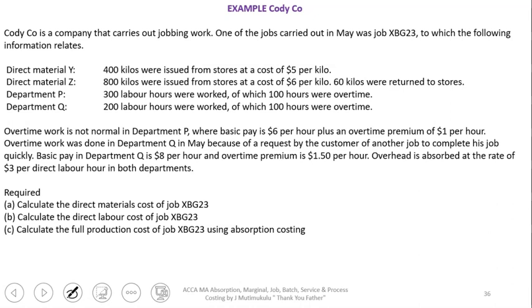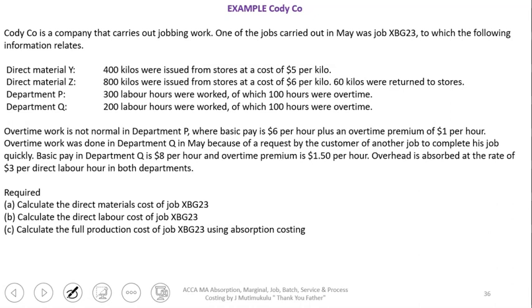Overtime work was done in Department Q in May because of a request by the customer of another job to complete his job quickly. Basic pay in Department Q is $8 per hour and overtime premium is $50 per hour. Overhead is absorbed at the rate of $3 per direct labor hour in both departments.